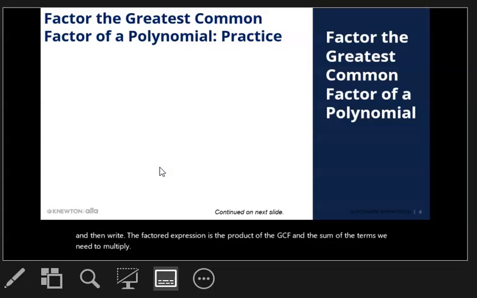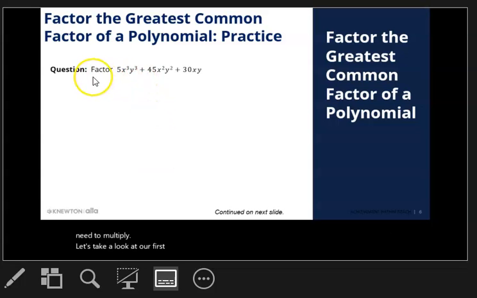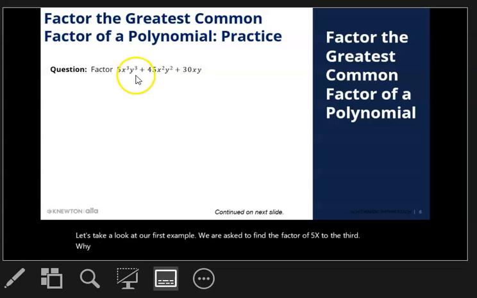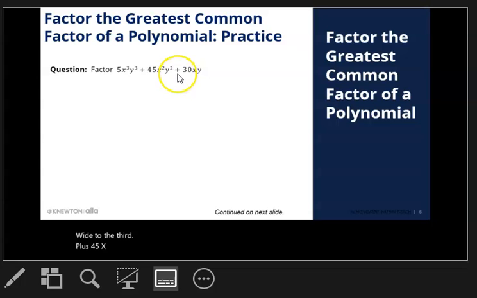Let's take a look at our first example. We are asked to factor 5x to the third, y to the third, plus 45x squared, y squared, plus 30xy. So the GCF of each term of this polynomial is going to be 5.